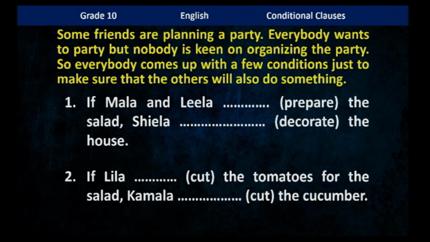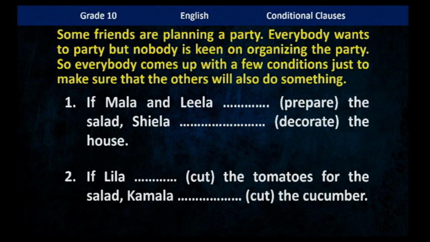That is a very good way of organizing a party, isn't it? Right. Now let us read the instructions here. Some friends are planning a party. Everybody wants to party, but nobody is keen on organizing the party. So everybody comes up with a few conditions just to make sure that the others will also be doing.